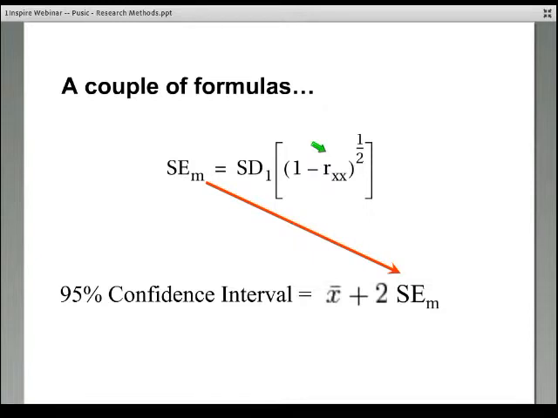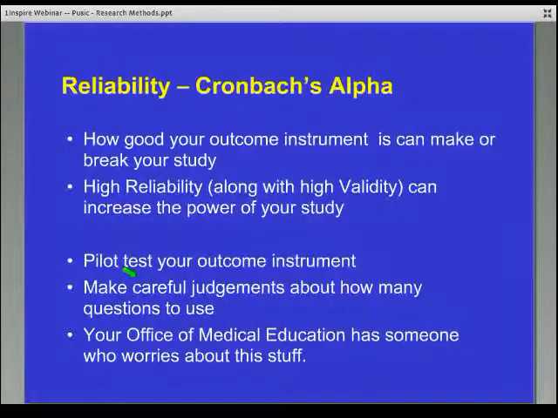And so the higher the Cronbach's alpha, the smaller the standard error of measurement. And the smaller the standard error of measurement, the tighter your 95% confidence interval is. So just remember that your Cronbach's alpha is tied in tightly to the confidence interval that you're going to have around your outcome score.